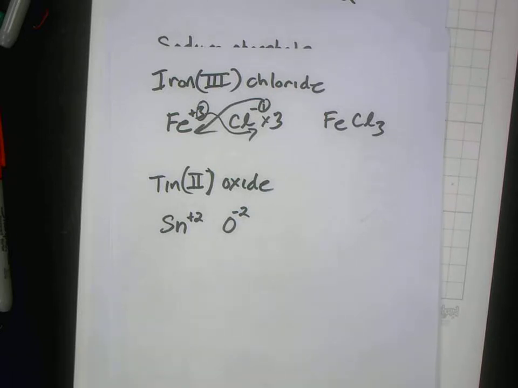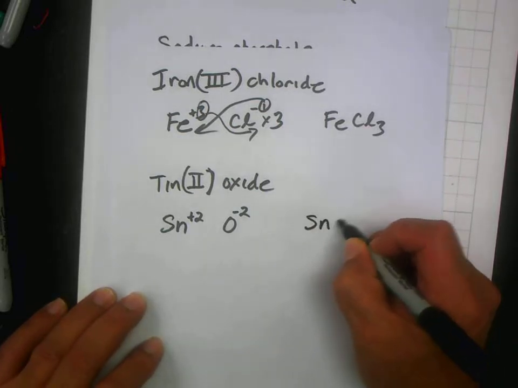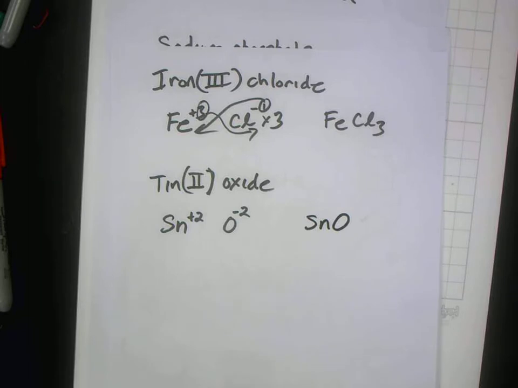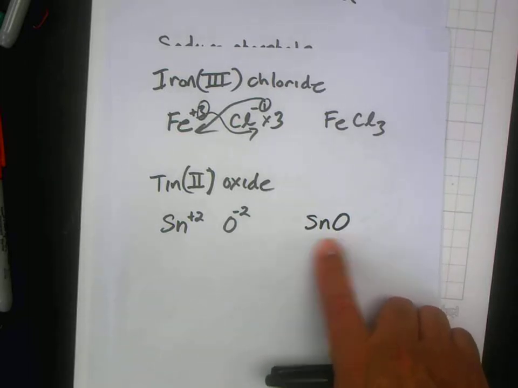Yes, they are, right? So we just need 1 tin ion and 1 oxide ion. And that will give us a neutral formula. So the formula for tin 2 oxide is SnO.